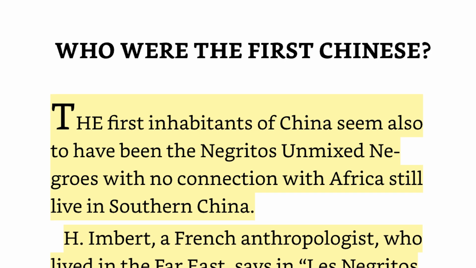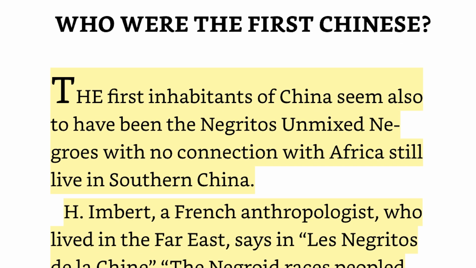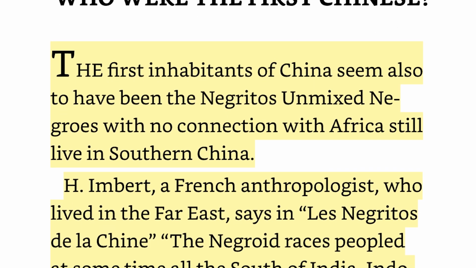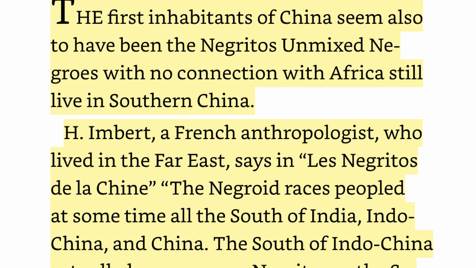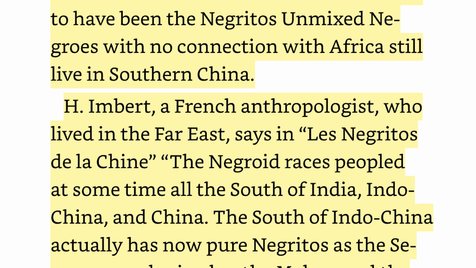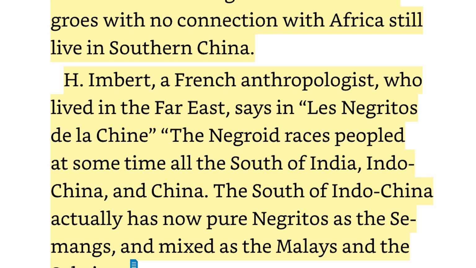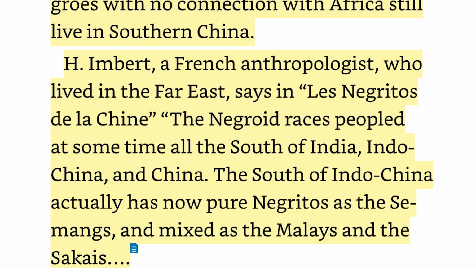It did mention that the first inhabitants of China seem to have been the Negritos, unmixed Negroes with no connection to Africa. But then in the second paragraph, it says that the Negroid races at some time peopled all of the south of India, Indochina. Stop right there. That's all we need from that chapter.